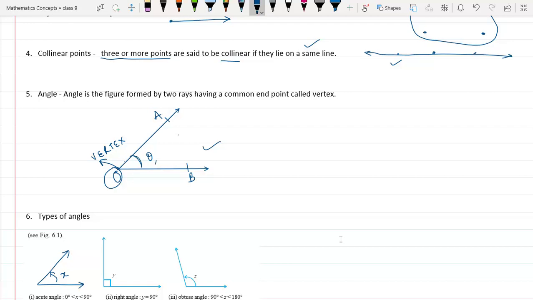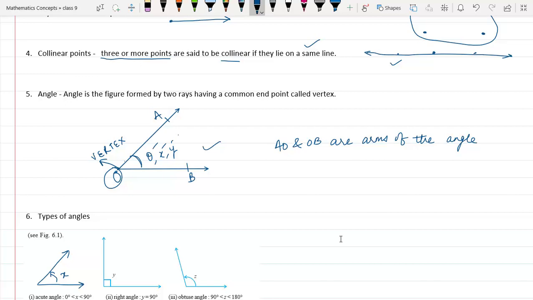You can name it x, y, whatever you want. All are variables only. Here OB and AO are known as the arms of the angle, and the vertex is O, that you already know.